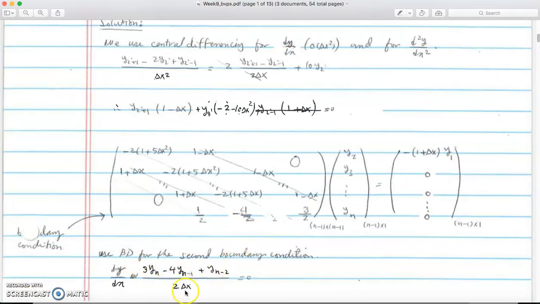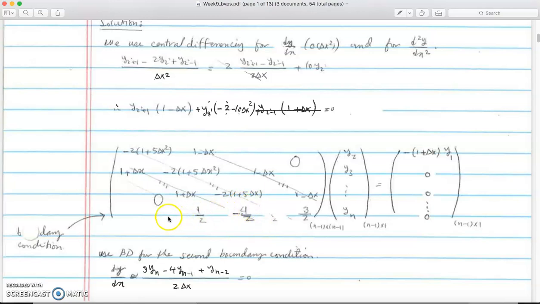3 minus 4, 1, divided by 2 delta x equal to 0, which means the coefficient for y_n is 3/2 in the last row of my matrix form. The other coefficients, minus 4 divided by 2 and 1/2, are again put down into this row.